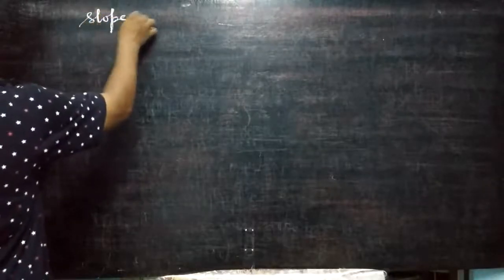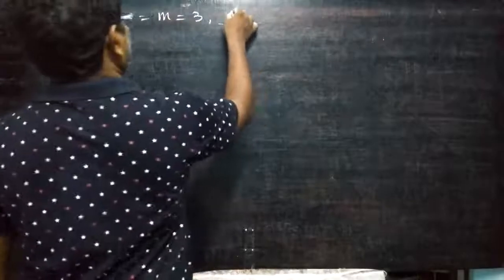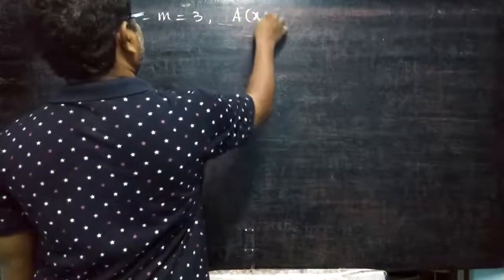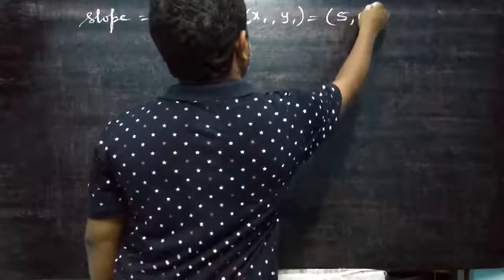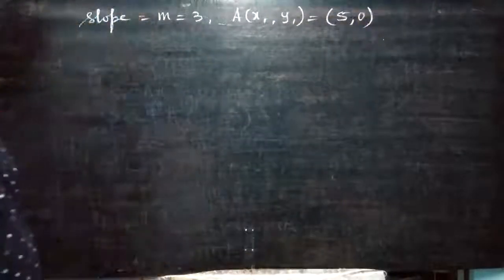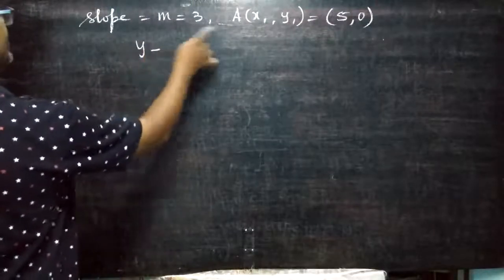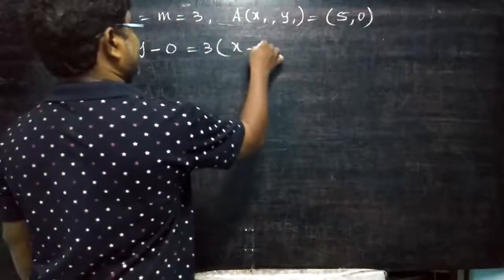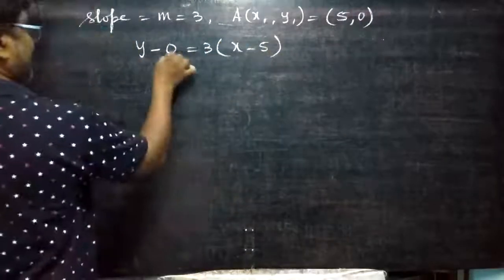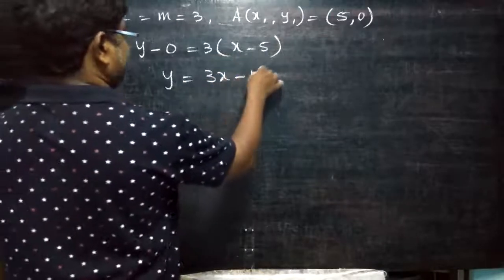Now slope is in our hands. Slope how much we got? m is equal to 3 and point A x1 y1 is equal to 5 comma 0. Sir, if I take B, no problem, 4 comma minus 3 also you can take. y minus 0 is equal to 3 into x minus 5. y minus 0 is y only. 3x minus 15.